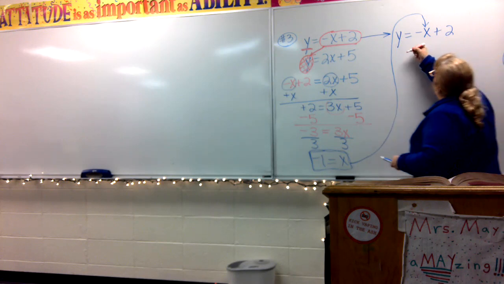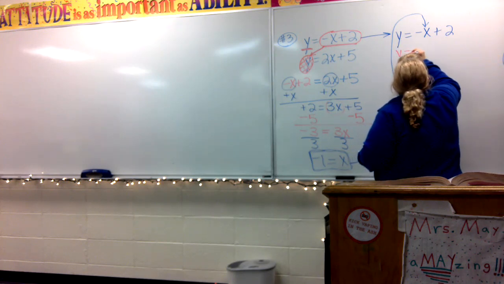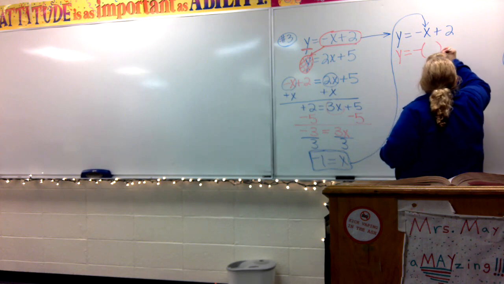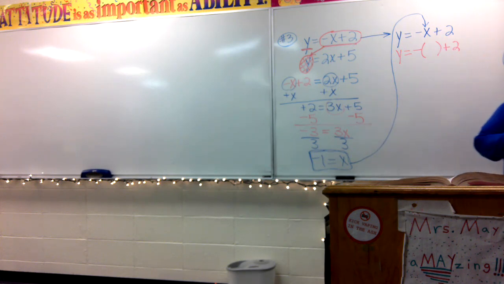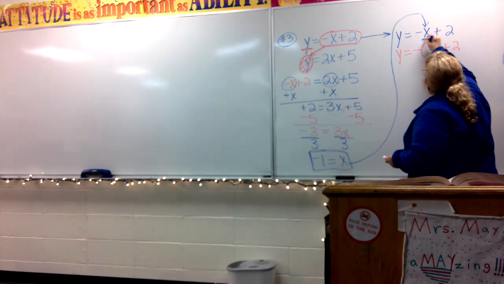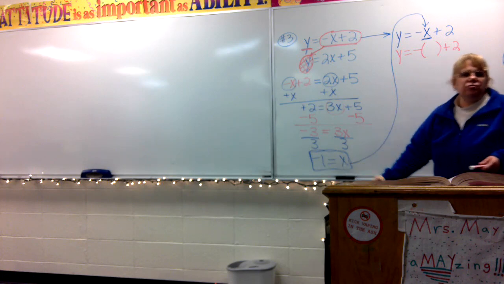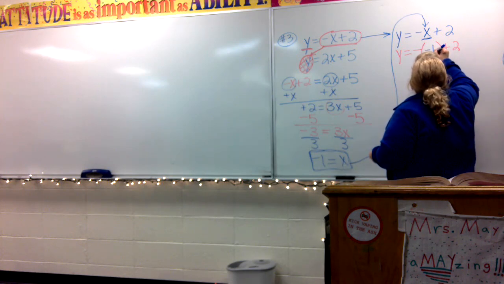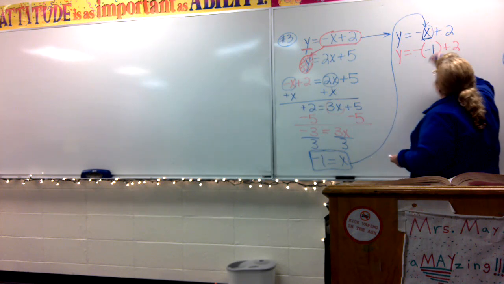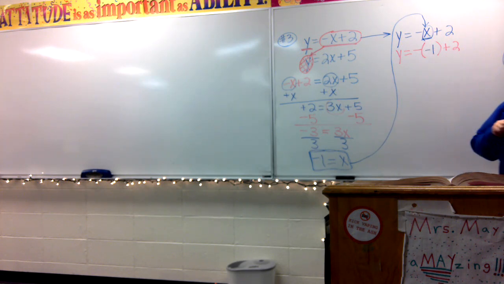So y equals negative x plus 2. This x right here, what is x equal to? Negative 1. So we're going to put a negative 1 in place of x right here. And then we'll just work it out.